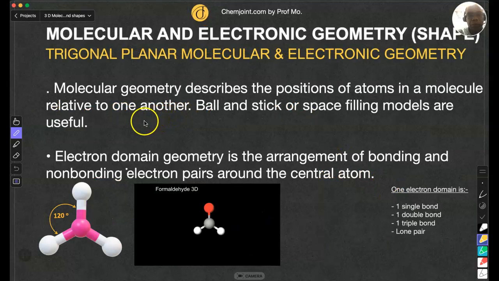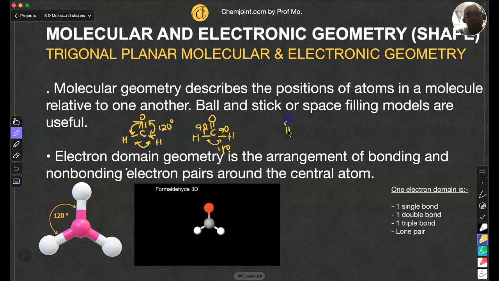For trigonal planar, I'll use formaldehyde. Like I said, you don't expect 90 degrees because we do have lots of space on this side, suggesting 180. So instead of having 90, 90, and 180, the bonds will spread equally all around according to VSEPR theory. The bonds will repel. Bond angle will be 120.